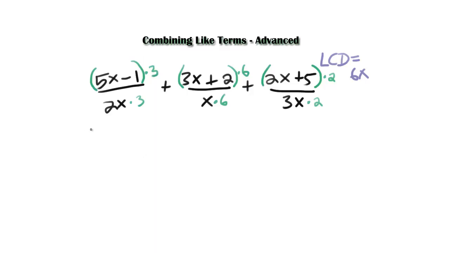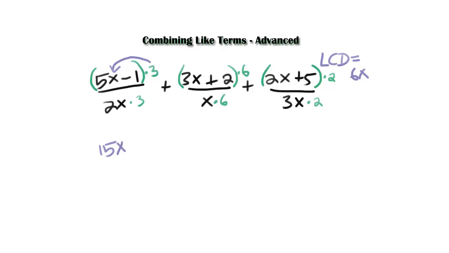So let's do this out. Right? So let's do this one first. So we have 3 times the 5x. That's going to give us 15x. Right?